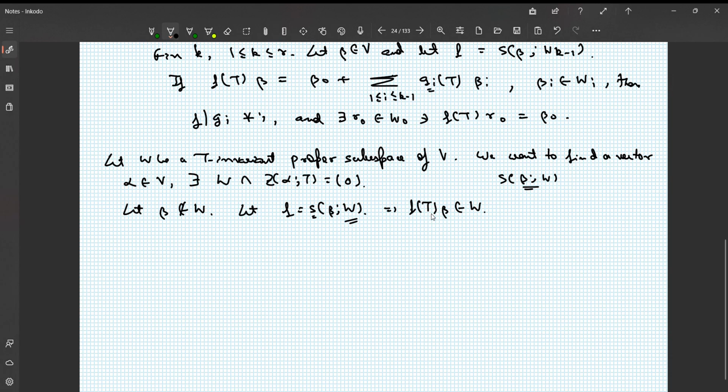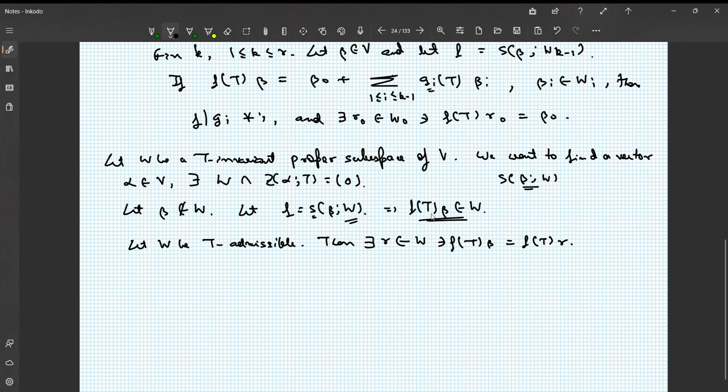Now suppose W is T admissible. Let W be T admissible. Then since Ft of beta is an element of W, by the definition of admissibility, there exists some element gamma in W such that Ft of beta is equal to Ft of gamma.